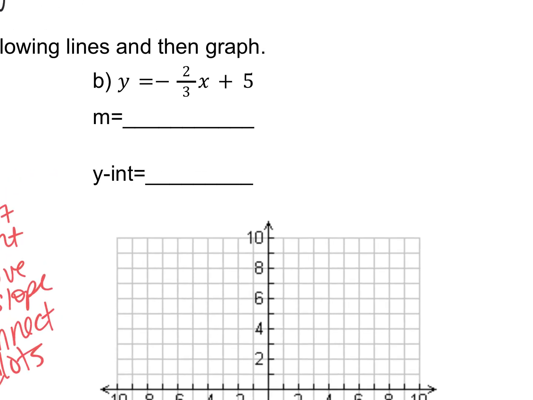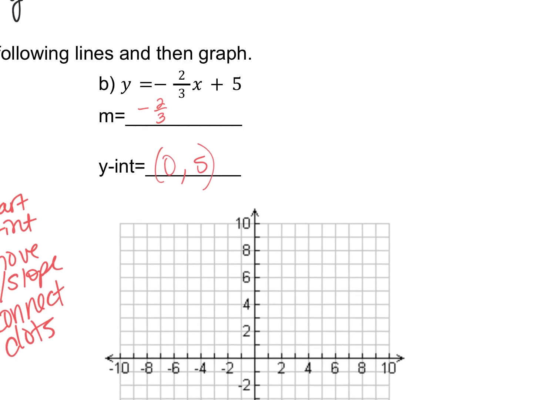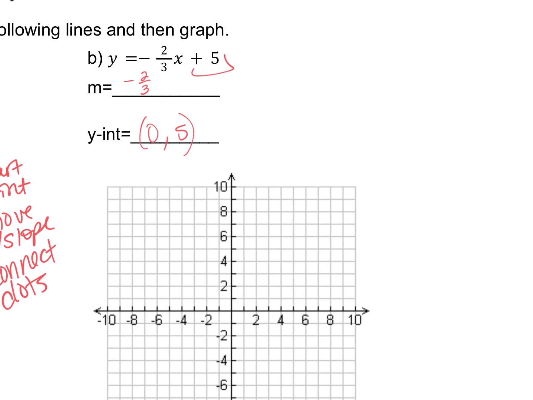Okay, let's do this one. Remember, your m is the number in front of the x, so in this case the slope is -2/3. And our y-intercept, remember it always starts with a 0, so it's at (0, 5). So start at 5 on the y-axis.